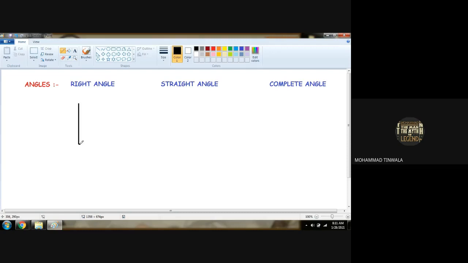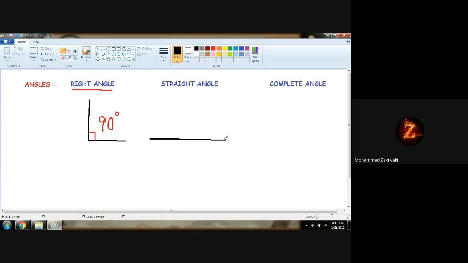The angle which is forming 90 degree is known as right angle. What does it known as? Right angle. Then who will tell me what do you mean by straight angle? 180 degree.